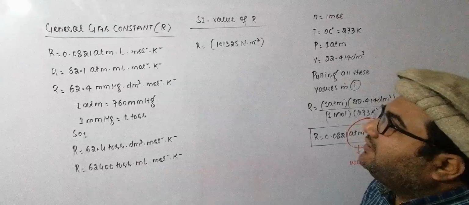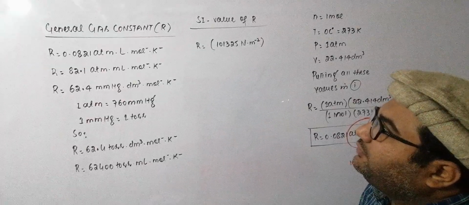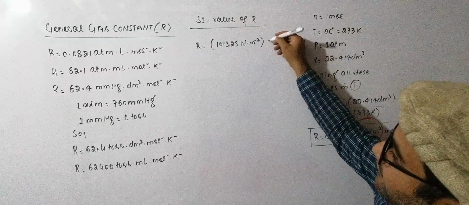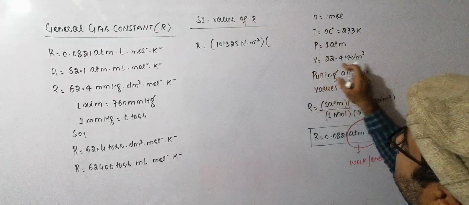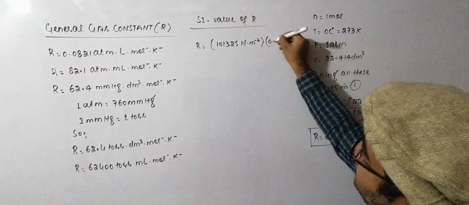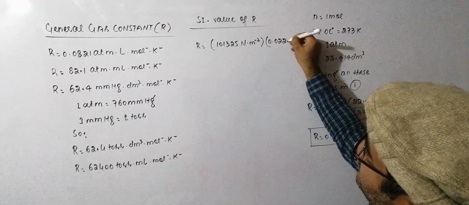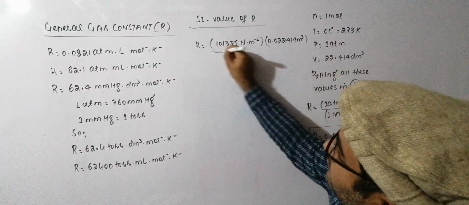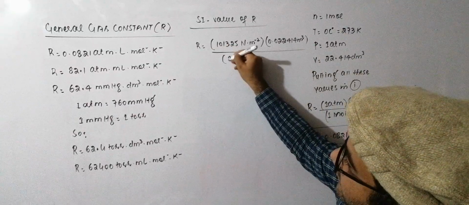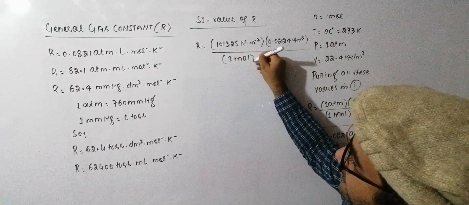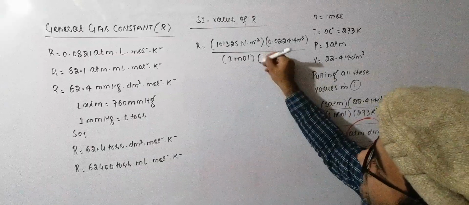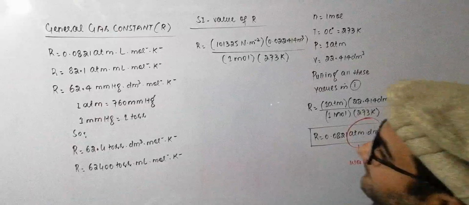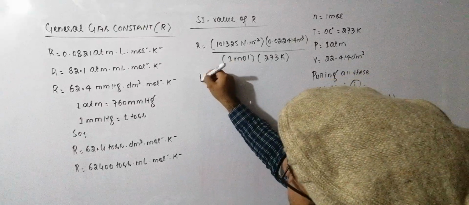You can also write it as 1.01325 into 10 raised to power 5 Newton per meter square. The system international value of molar volume is 0.022414 meter cube. Quantity will remain 1 mole, because mole is the unit of system international, and temperature also remains 273 Kelvin.